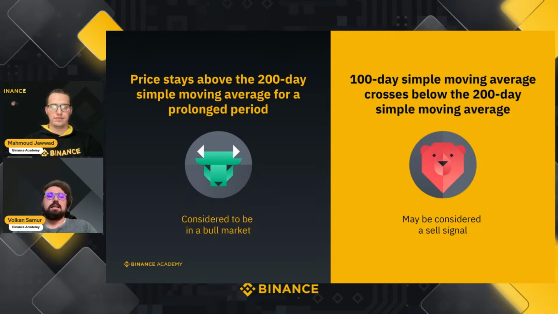So, to keep it relatively simple with the moving average, I think the 200-day moving average is a relatively good indicator in this example, because it's a longer period of time, but again, it depends on your strategy. If the price is above it, consider it a bull market. If it's under it, consider it a bear market.